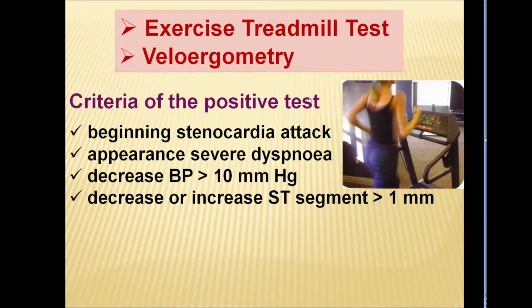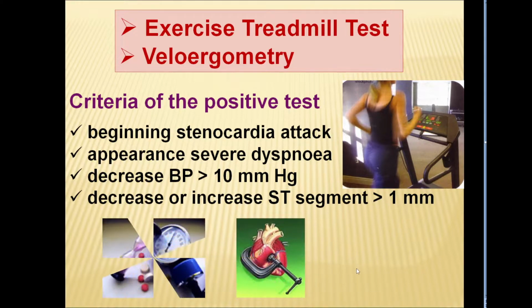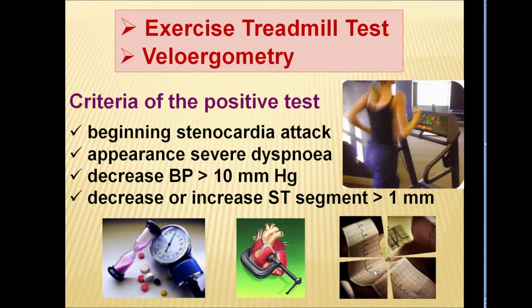Criteria of a positive test: the patient feels discomfort or pain in the chest region, the patient feels dyspnea, blood pressure decreases more than 10 mm from initial, and depression of the ST segment is more than 1 mm from the isoelectric line. We immediately stop the exercise and formulate a conclusion about affection of coronary arteries, the abnormal response to physical exercise.